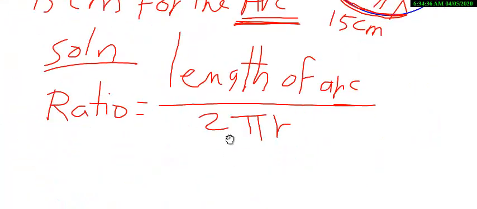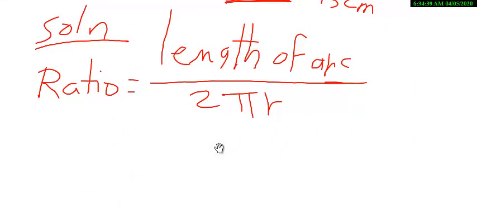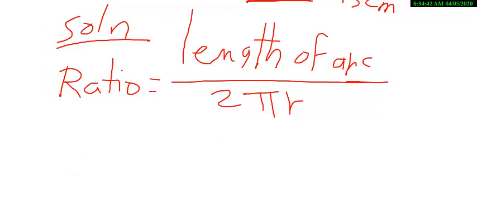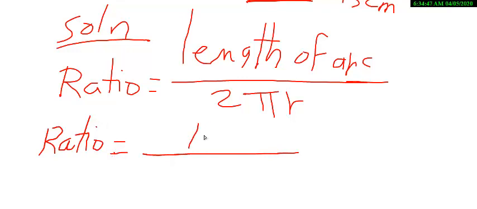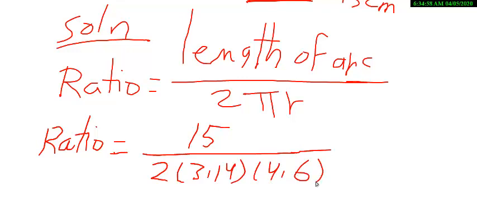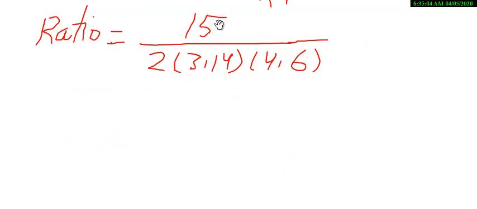So I'm going to get back to the mathematical formula to find the ratio. The ratio will be 15, which is the length of the arc, divided by 2 multiplied by 3.14 multiplied by r, which is 4.6. I'm going to calculate this using my calculator: 15 divided by 2 multiplied by 3.14 multiplied by 4.6.